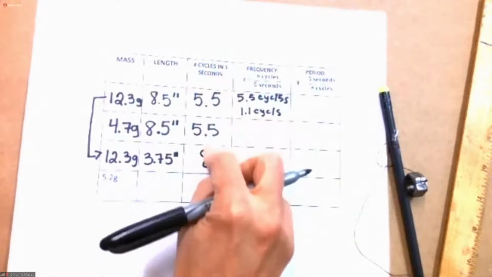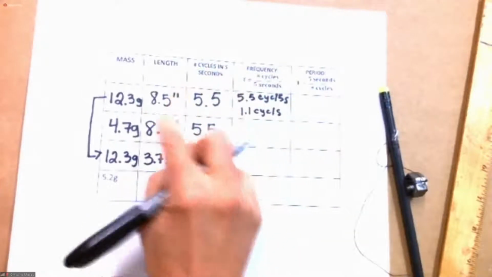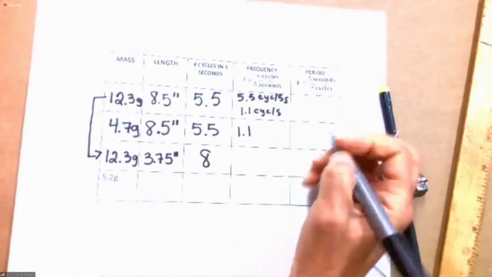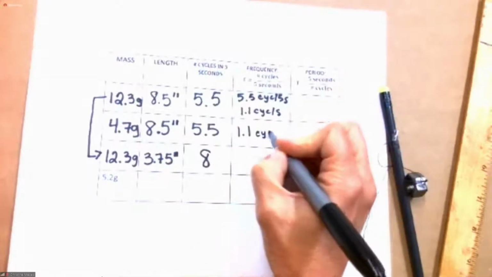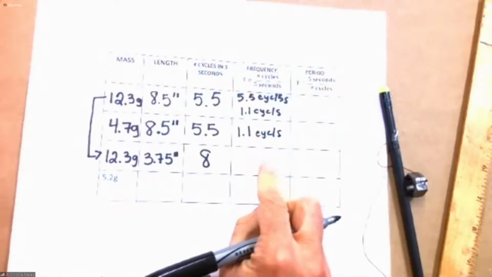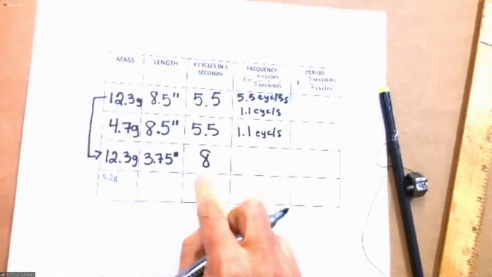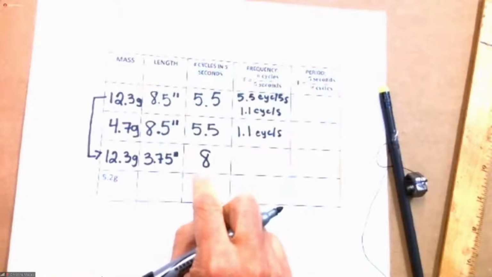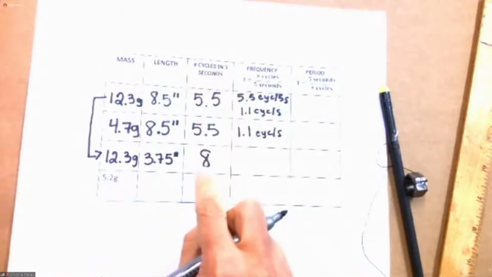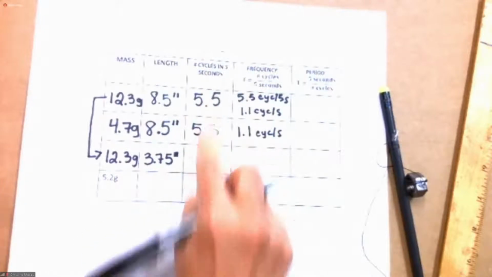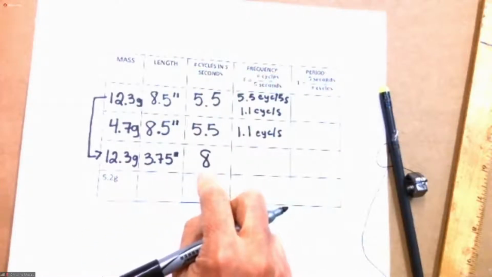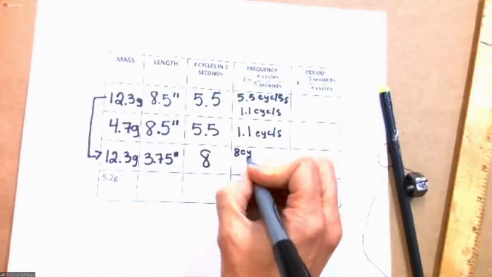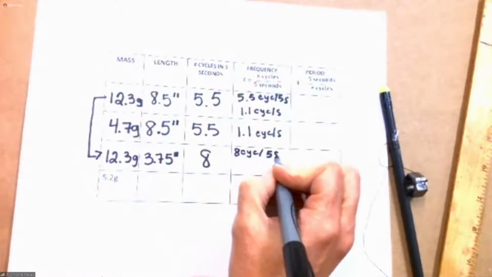I got the same measurement with the longer string and the smaller mass. So I don't have to redo the math for that. I just have 1.1 cycle per second. But I will have to figure out what the frequency was for this last one, where I got 8 cycles in 5 seconds. So now when I calculate this, 8 cycles in 5 seconds.